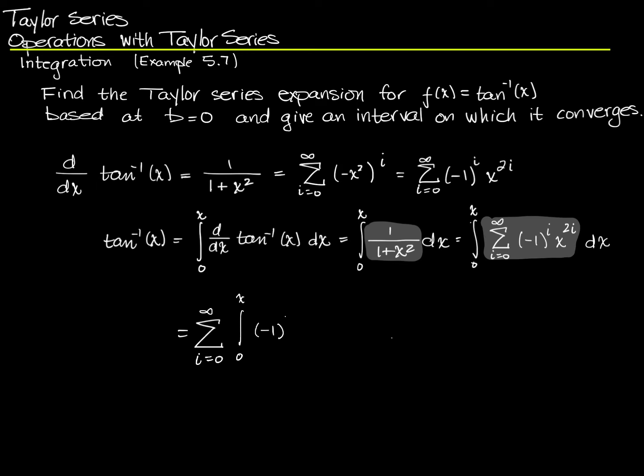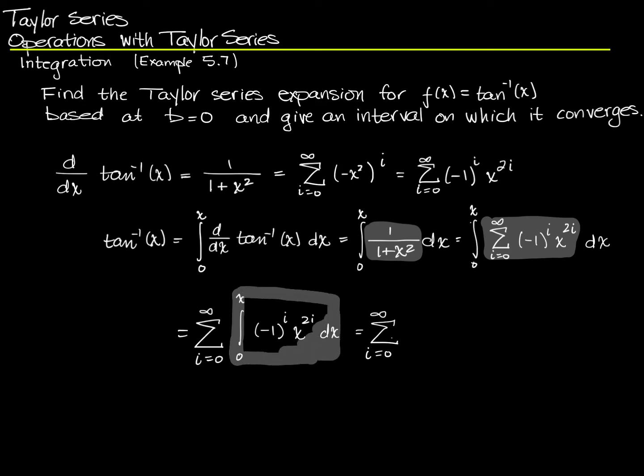I get negative 1 to the i, x to the 2i, dx, and then I can integrate. But what I'm integrating is just this piece, right? Here's my integral. I'm going to include my dx there. Notice that the summation is now kind of on the outside.